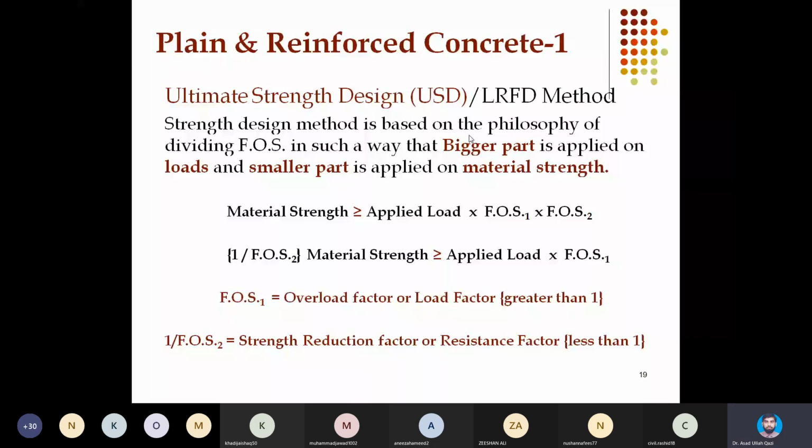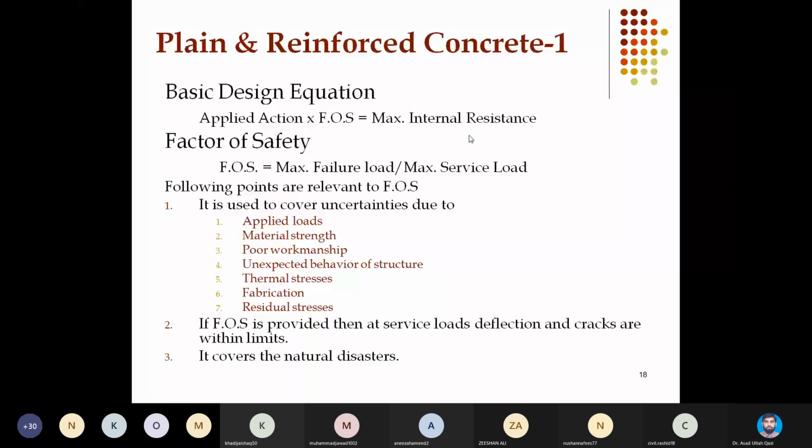So what I am doing, I am increasing the applied action by using a factor of safety more than 1, like 1.1 or 1.2. I am increasing the applied action by 10 to 20%. And on the right hand side, I am decreasing the internal resistance by 10 to 20%.